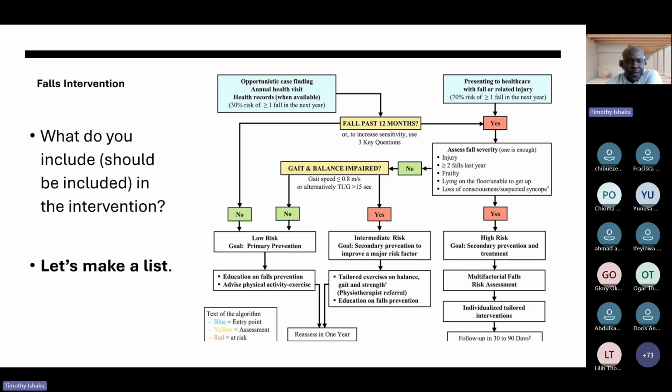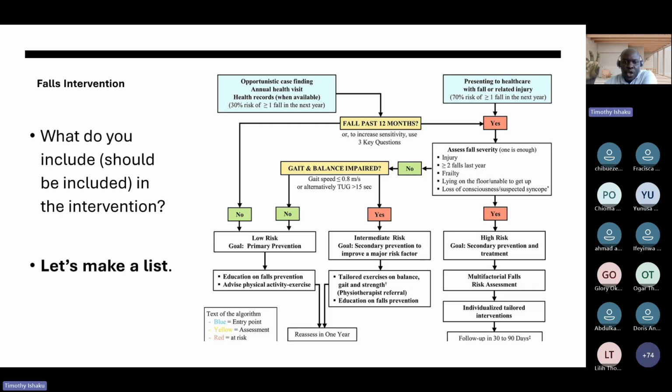coordination. And if we look back at my flow chart, we said the person with high risk of falls, if you go all the way down, they mentioned individualized tailored intervention. The reason is that once you identify those things that contribute to their balance, generally, yes, you will refer to the multifactorial, different disciplinary people.